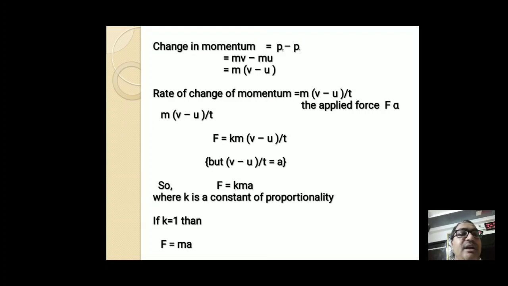So our formula becomes F is equal to k m a, where k is the constant of proportionality. If we take k equal to 1, it becomes F is equal to ma. So this is our required equation.